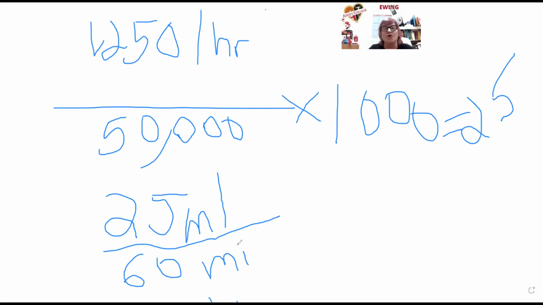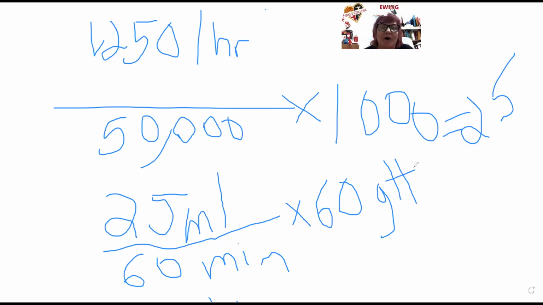So we still have our total volume over our total time, and then our drop factor is 60. This works out to be 25 still, because the drop factor is 60. But what if the drop factor was 20? It wouldn't come out to 25. It would come out to something different.